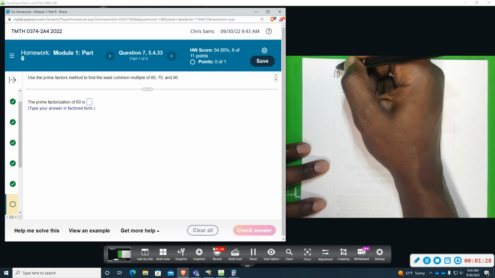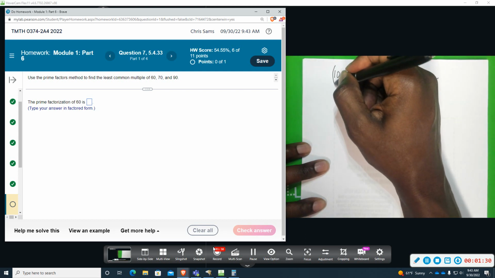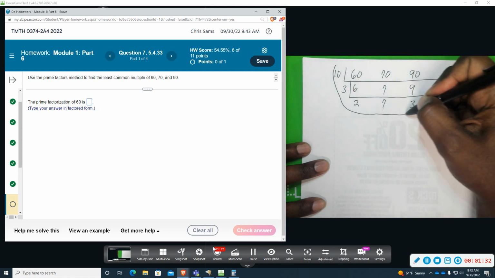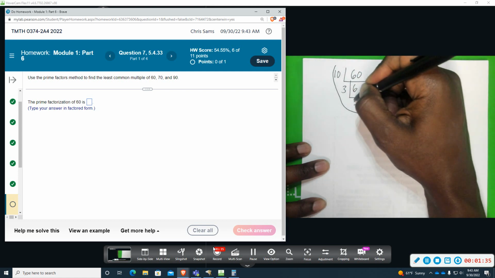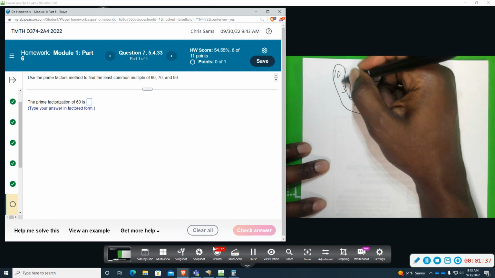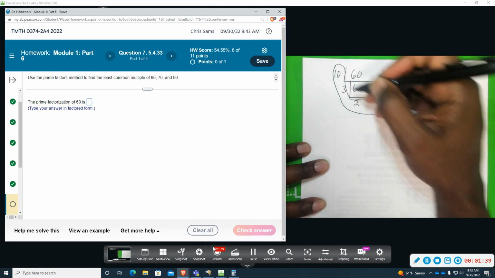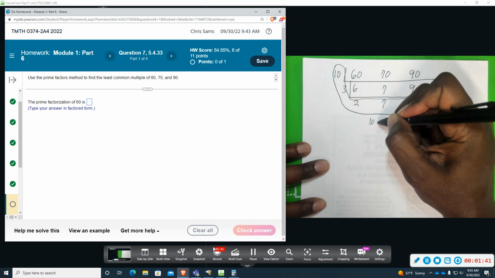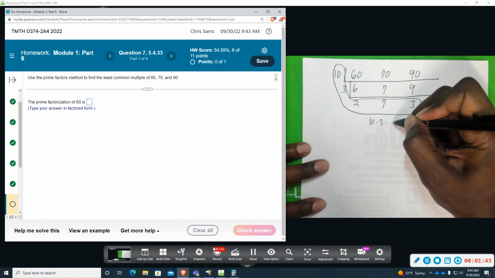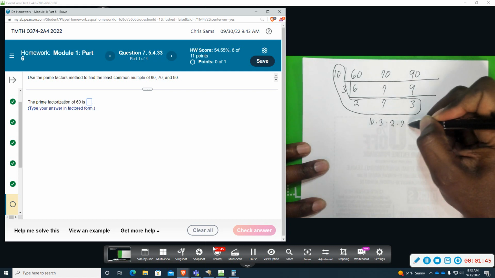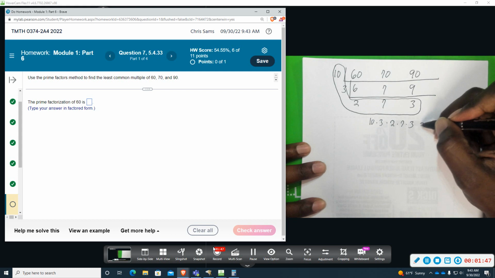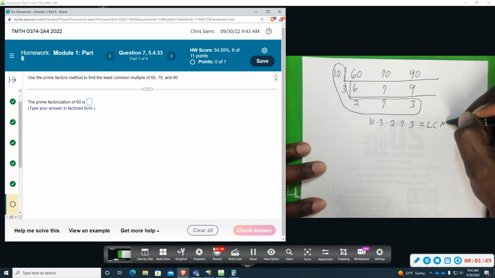You will take all the numbers on the outside, and it kind of makes like an L. And this will be your least common multiple. If you multiply 10 times 3 times 2 times 7 times 3, that will give you your LCM.